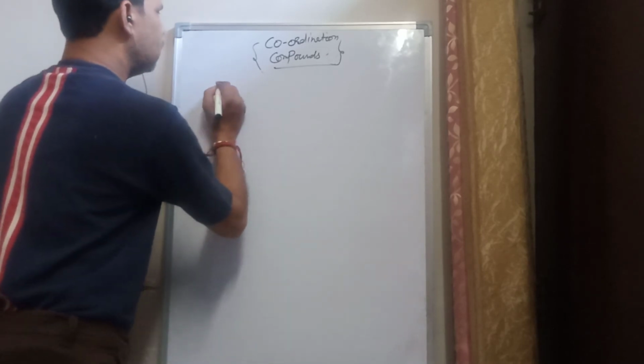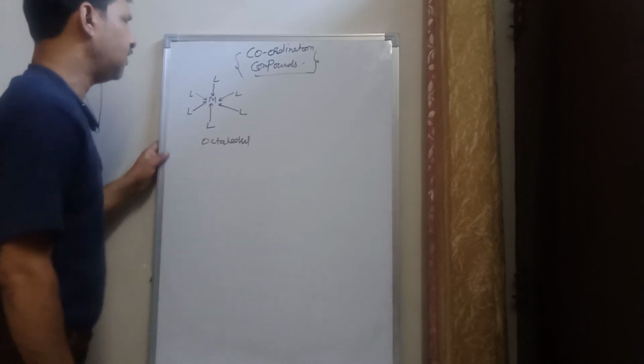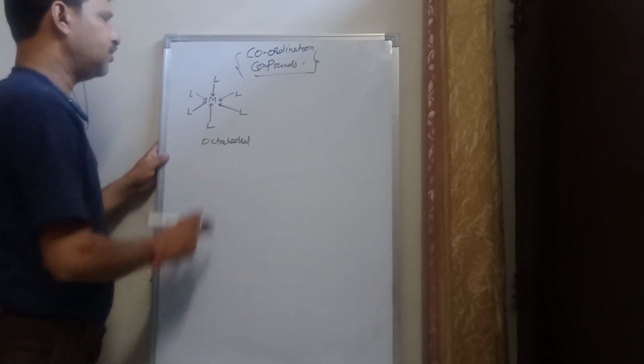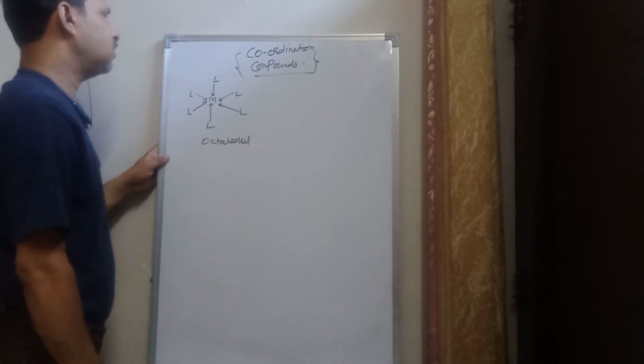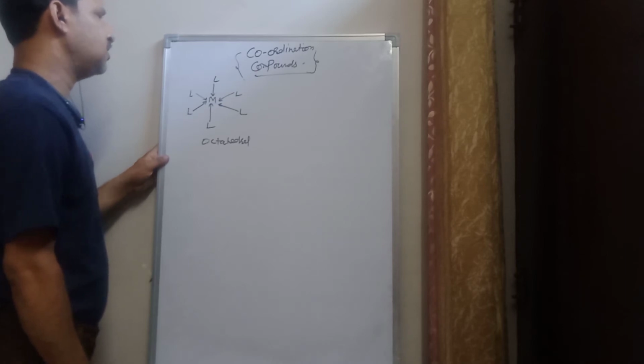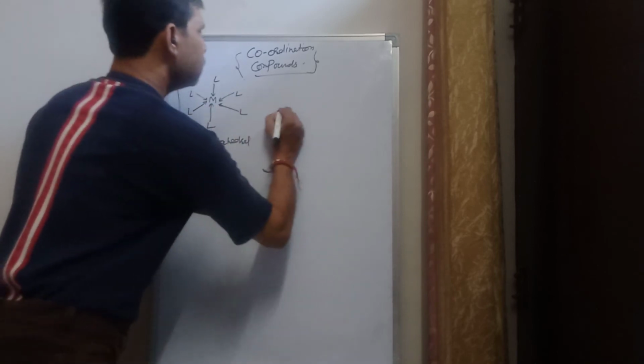Coordination polyhedra are of the following types. First of all, the octahedral coordination polyhedra, in which the ligand species around the central metal atom or cation are arranged in the octahedral fashion like this.